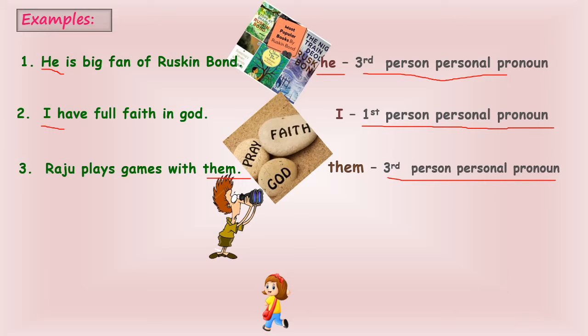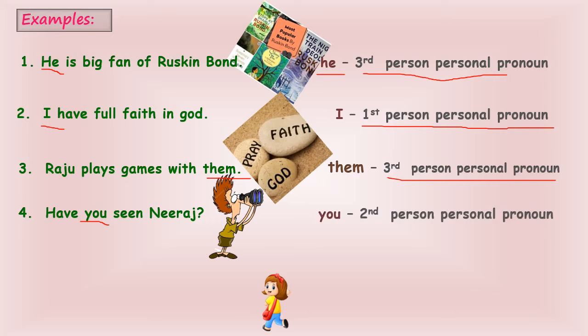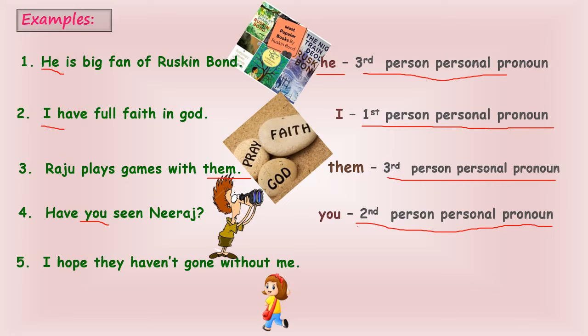Is it clear, children? Now the fourth example. Have you seen Neeraj? What is the pronoun here? You is the pronoun. What kind of pronoun is you? Second person personal pronoun. Take the next example. I hope they haven't gone without me.